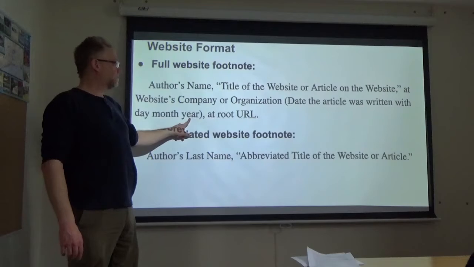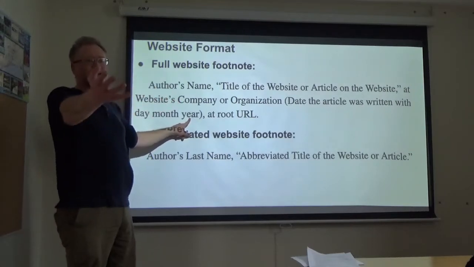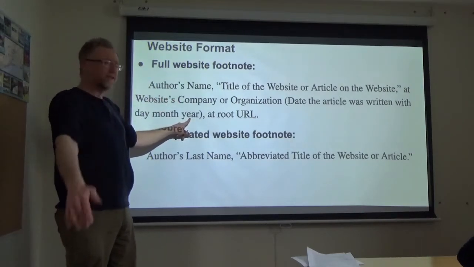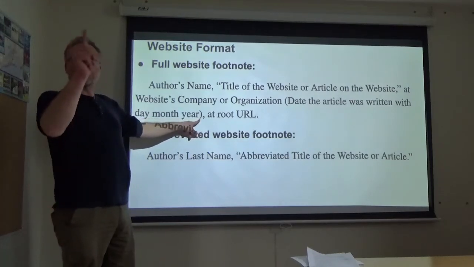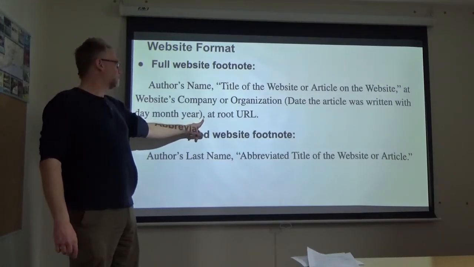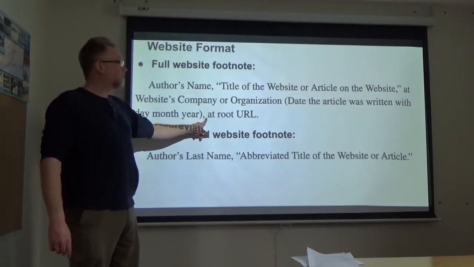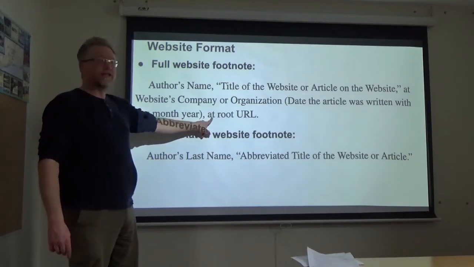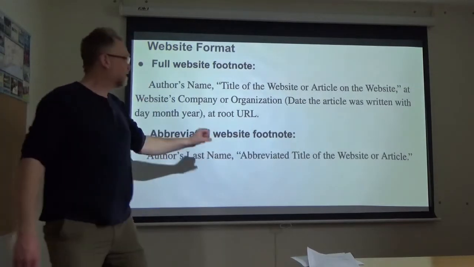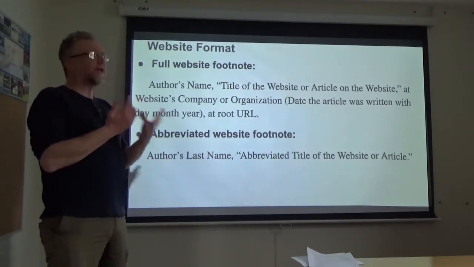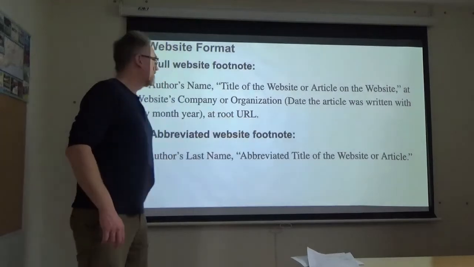The year, 2020. Then what do you have? Close parentheses, then what? Comma. Then what? Space. And what's again? At. Root URL. Is that it? Are we done? And the period.